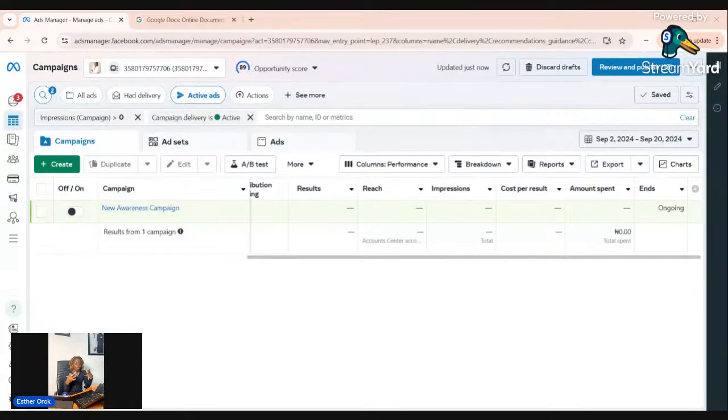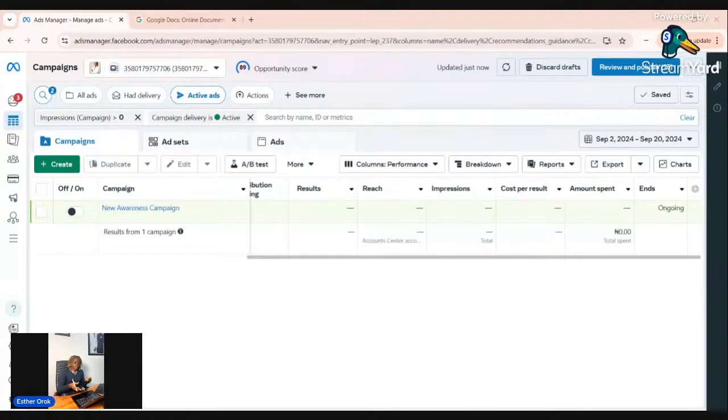Additionally, sometimes you know what we call A/B testing, right? This thing where you try to compare 2 ads to see how well they are performing. So let me just show you that. How do you do this?